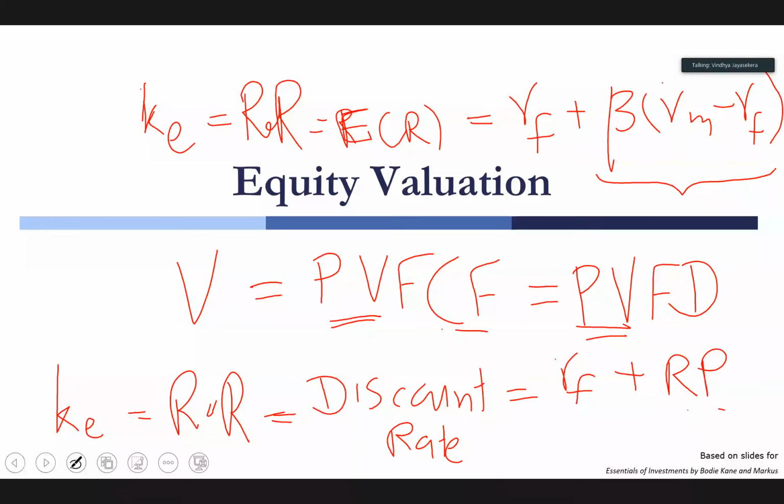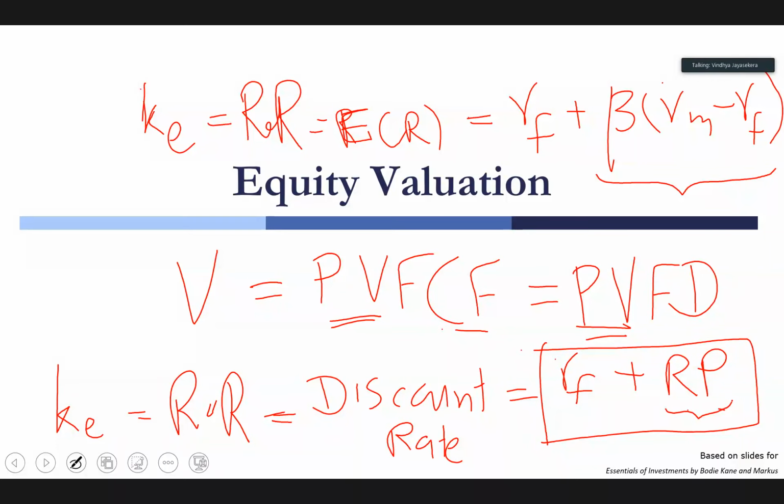But the most common model that continues to be used, despite having shortfalls, is the 1-factor CAPM model, because it's easy to use, and it's enough for us to come up with an adequate discount rate. This is what we use as our most common cost of equity. It doesn't mean that it is the only way to calculate your cost of equity. Ultimately, cost of equity is your risk-free rate plus risk premium, and how you come up with the factors that impact your risk premium.